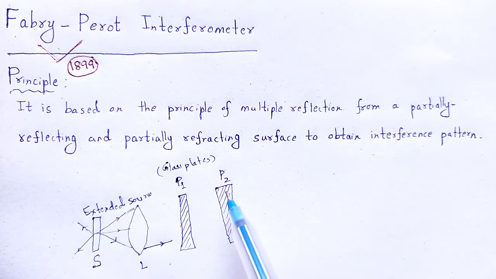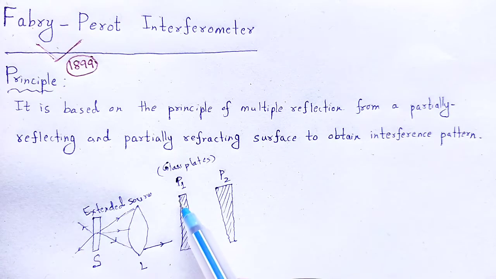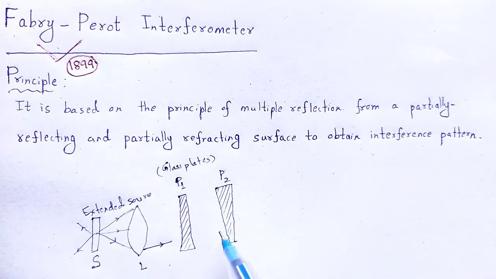These two plates can be made up of quartz also. One plate is polished highly to make it completely reflecting, whereas the other plate is partially reflecting and partially transmitting.